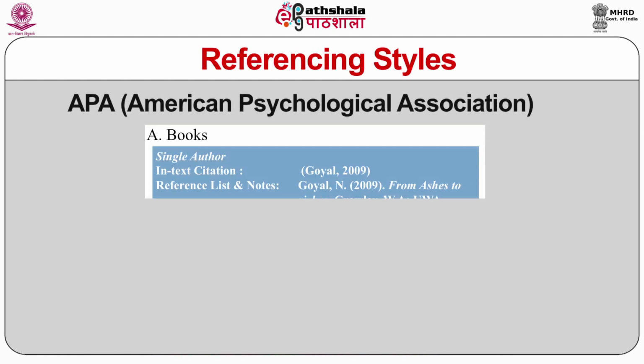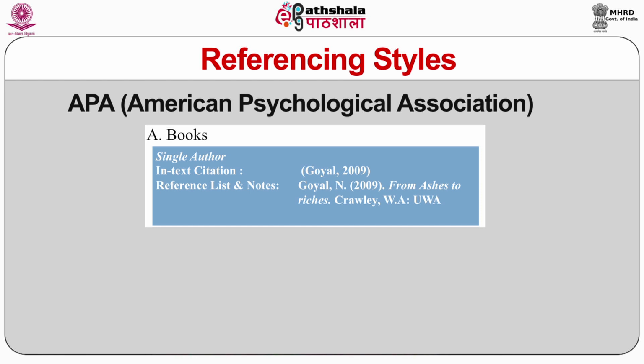In case there is a single author, the in-text citation will be within brackets Goyal, comma 2009, bracket close, and at the end it will be Goyal, comma N dot, within brackets 2009, From Ashes to the Riches, that is the title, the Crawley WAUWA.